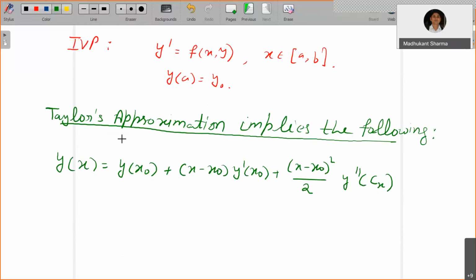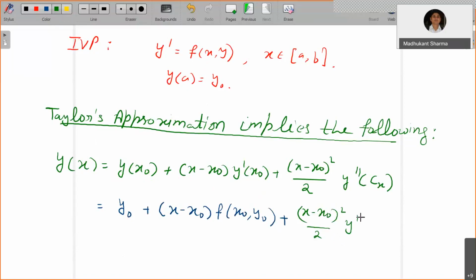Okay, so this is the Taylor's approximation, and we know what y at x naught is, that is y naught. What is y dash at x naught? y dash is f of x comma y, at x naught that is f at x naught comma y at x naught, that is y naught, plus this error term, which is x minus x naught square by 2 times the second derivative at c.